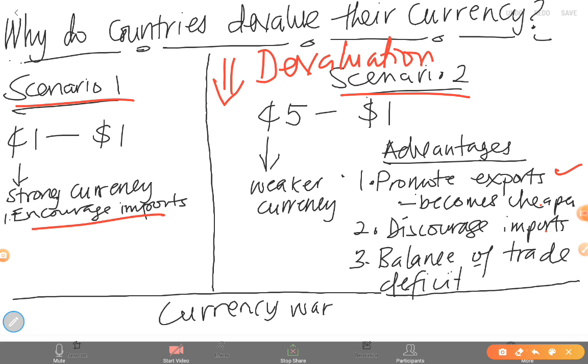So under scenario 1, it is likely that people are doing more importation of goods into the country because their currency is strong and it gives them a very high purchasing power in the international market. Now, let's move to scenario 2.